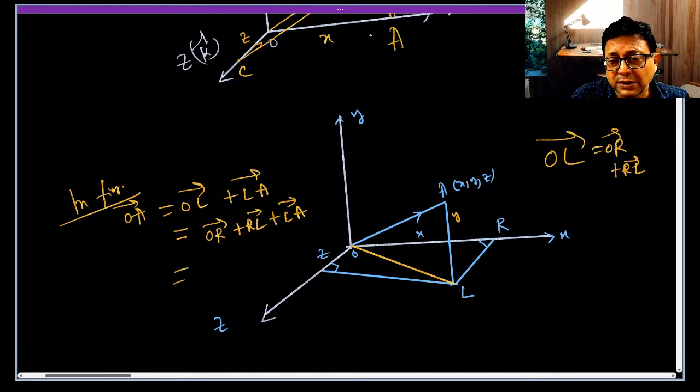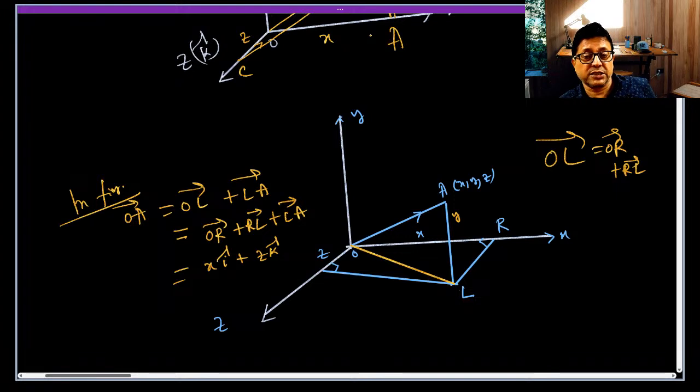OR is the OR vector, which will be xi, and RL is the z coordinate, so z into k, plus LA. LA is y, so yj.